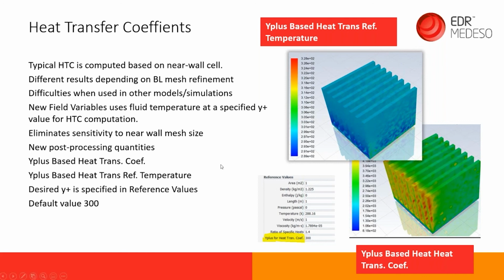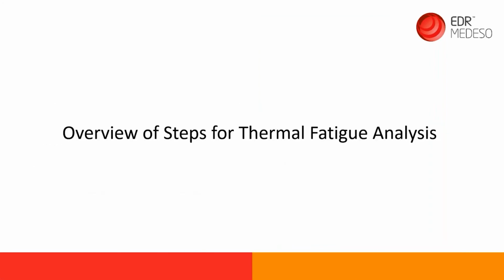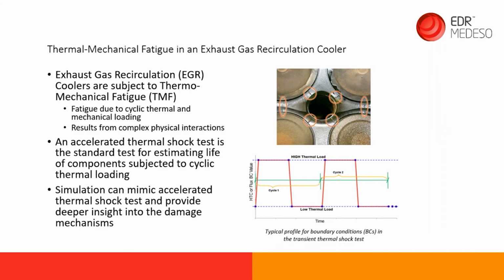Okay, so lastly, what I want to do very quickly is to move away from the models and just go through a real world case. I'll just spend about 5 minutes on this. And this is actually an exhaust gas recirculation cooler, so it's more of a real case, something that you might find yourself doing.